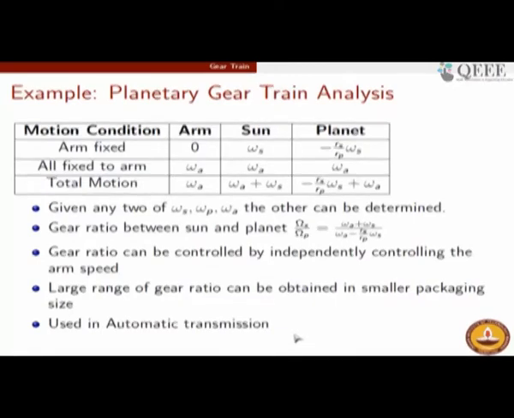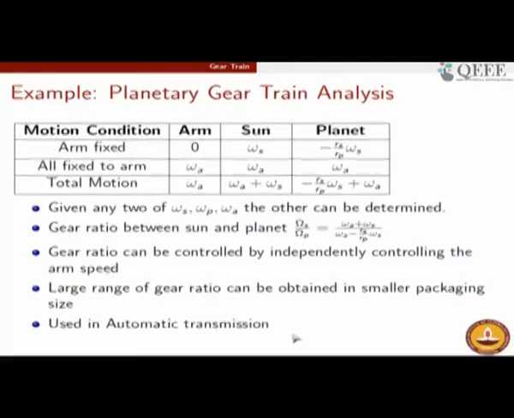Another very nice application of this planetary gear train is that, as you realize, it's a 2 degree of freedom system. So at times you will require to achieve two outputs from a single input, and this can be achieved from a planetary gear train. In fact, that is what happens in the differential of the car.